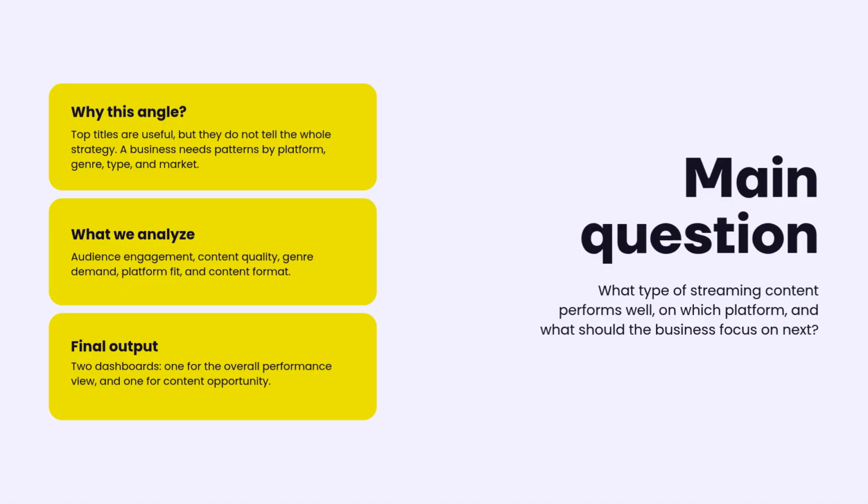So we analyze broader patterns such as platform performance, general demand, content type, and market behavior. The final output is two dashboards, one for overall performance and another one for content opportunity.